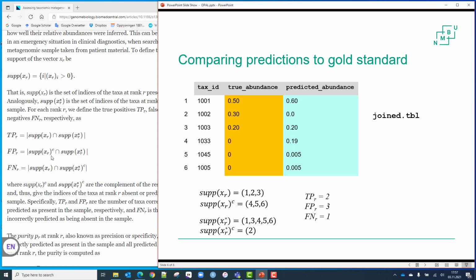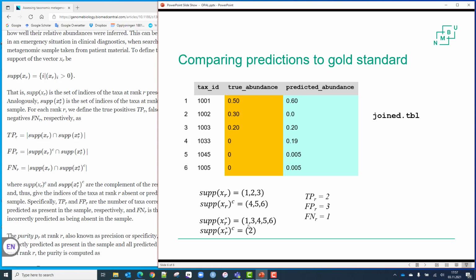The false positives, that's the intersection between the complement of this support, right? This is what this means. The complement of the support. And what is the complement? Well, if you have the support up here, the complement is all the indexes that are not part of this support. That's the complement, right? All the indexes, say 1, 2, 3, 4, 5, 6, 3 of them are in the support, and then the 3 others are in the complement of the support.